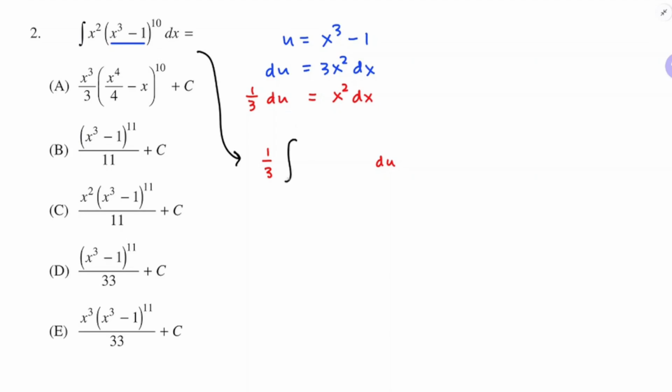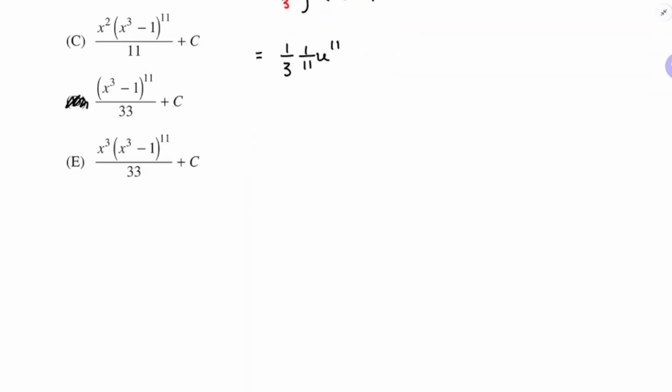We're still anti-differentiating something to the 10th power, and we're calling that u. Okay, so now I'm going to take my antiderivative, add 1 to the power, divide by the new power. And that's where I'm going to get 1/33 times u to the 11. Okay, there's no x to the 3rd needing to hang around there. It's going to be answer choice D.